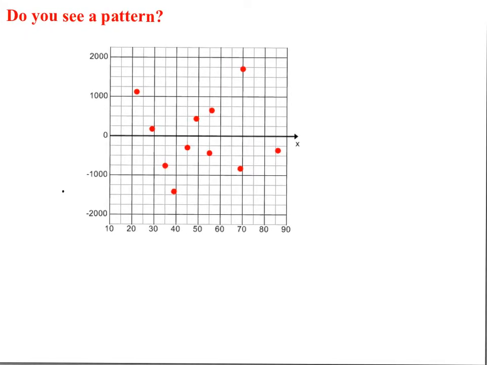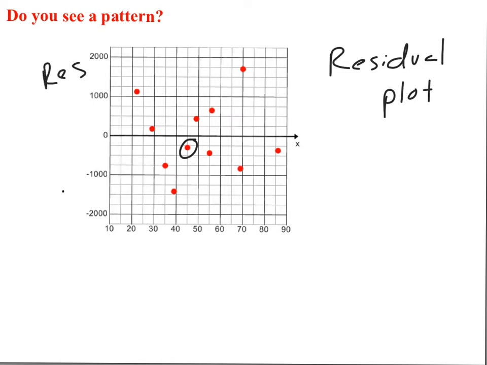Okay, this is a scatter plot. It's called a residual plot. We have seen two pieces of data on it, here and here. It's relatively simple. It's a scatter plot, and it compares two things.